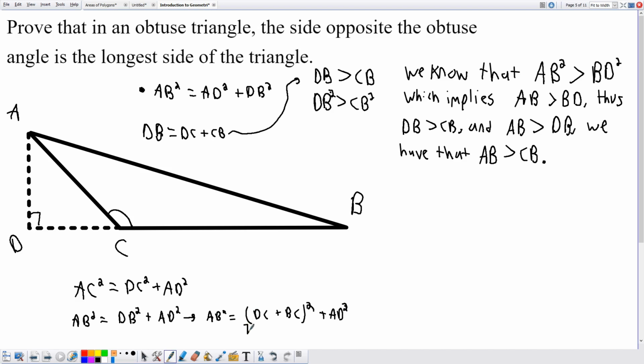So this value here, DC plus BC, is obviously going to be greater than just DC alone.